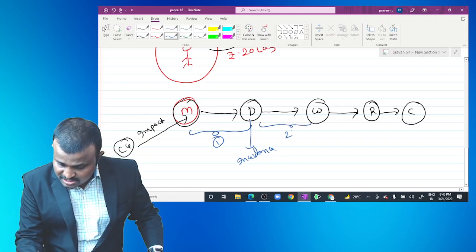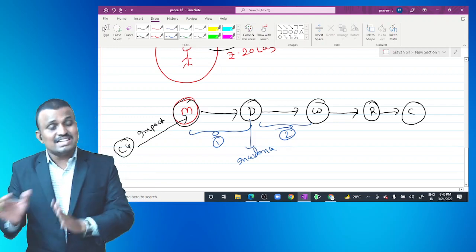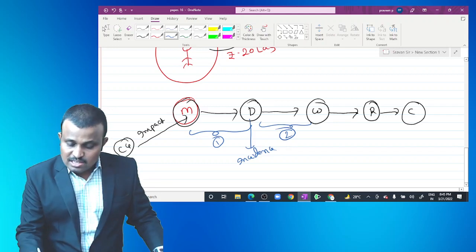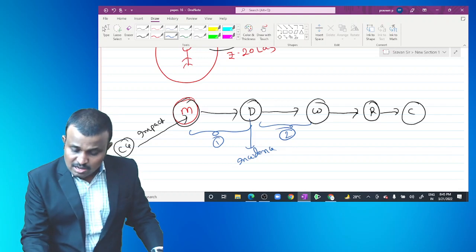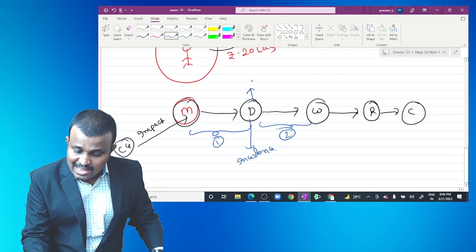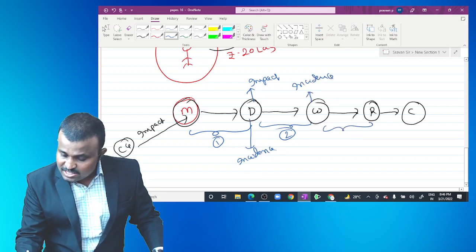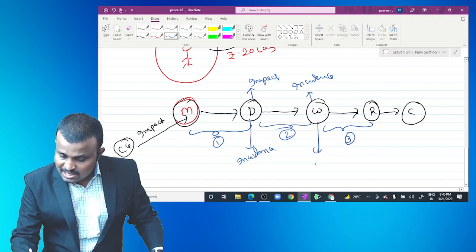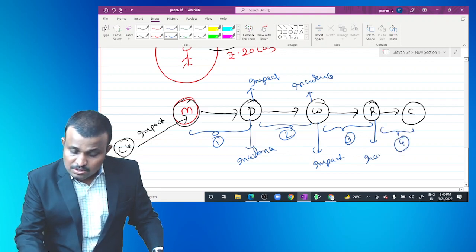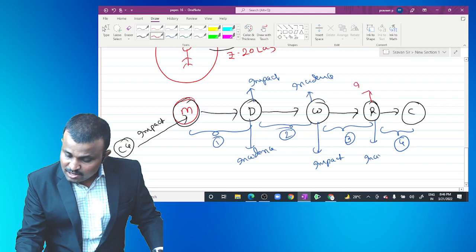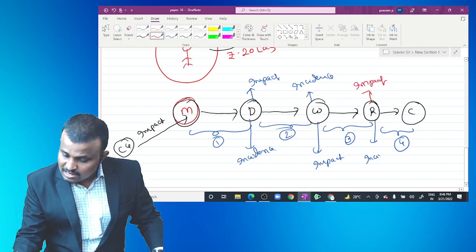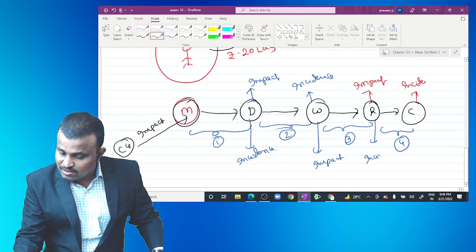Then the distributor sells the product to the wholesaler. Who pays the tax to the government? The distributor pays the tax, so he has the impact and the wholesaler has the incidence. Here the wholesaler has the impact and the retailer has the incidence. The retailer has the impact and the consumer has the incidence of the tax.